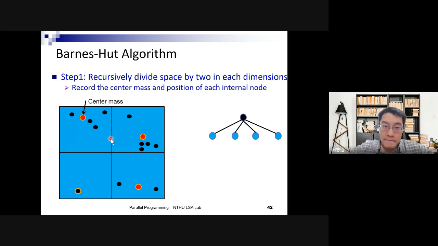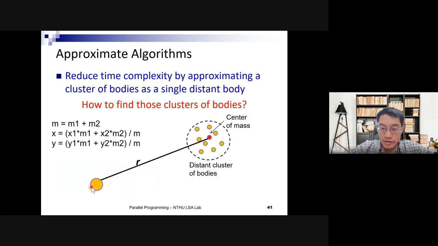Because you can see that the approximation depends on which object you try to compute the force for. So for each object, its approximation result, or you could say clustering result, will be different. So the question becomes how we can determine this approximation given the object we want to consider.